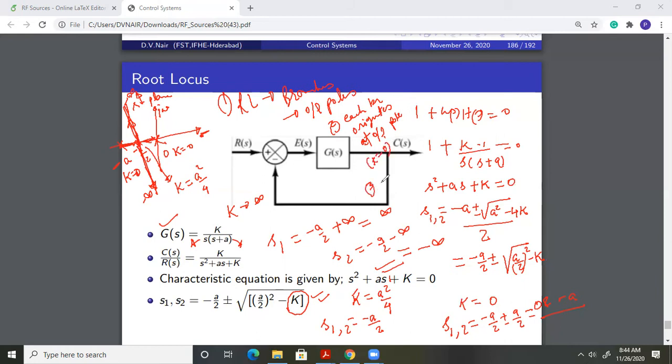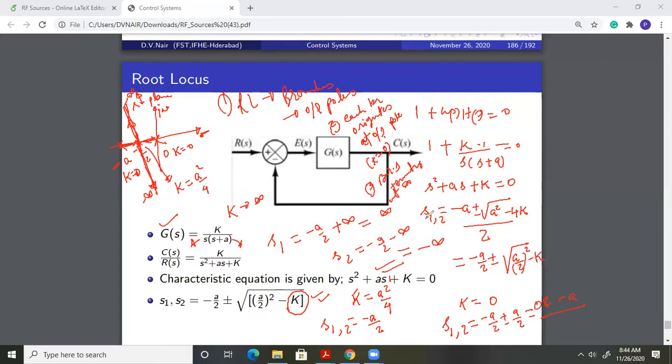And third, the branches terminate at infinity. Where do these two branches go and stop? They go to infinity as k tends to infinity. We see here the values of the roots will also be infinity.